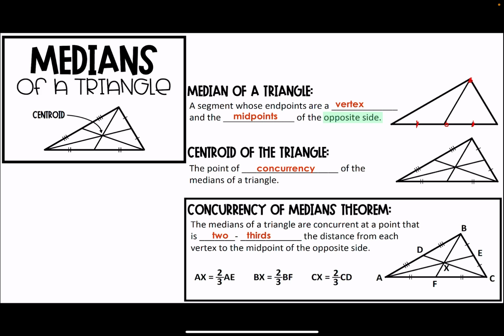So on the front of your notes, I want you to put that this is 2/3 and this is 1/3. Now that does apply for the entire thing. So this is also 2/3, this is 1/3.